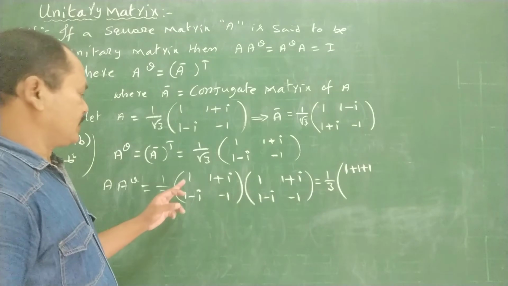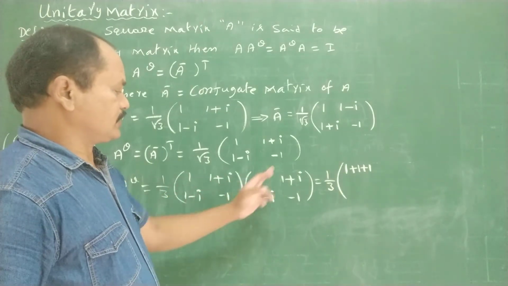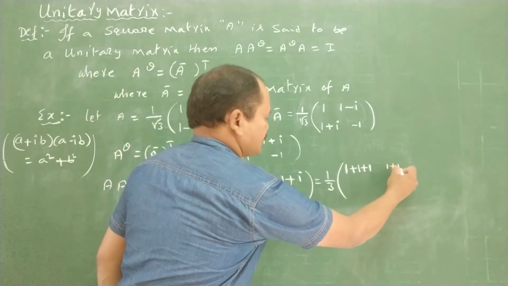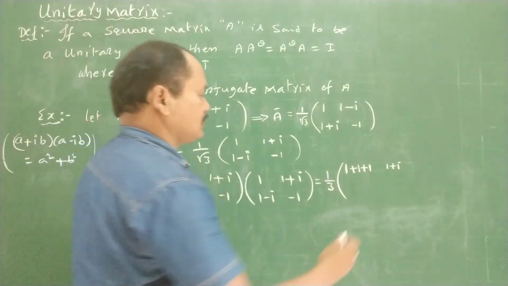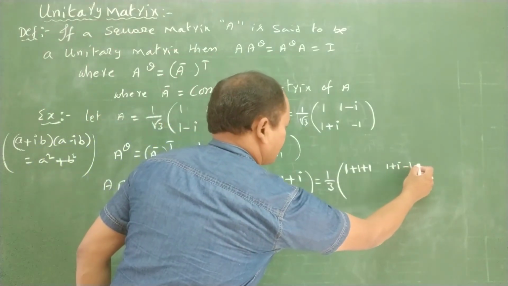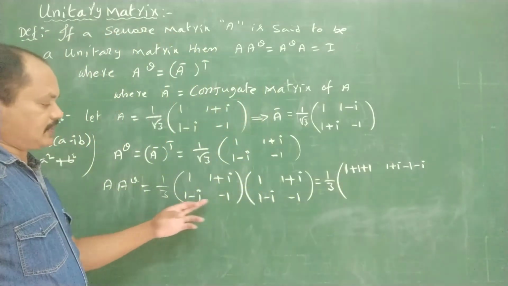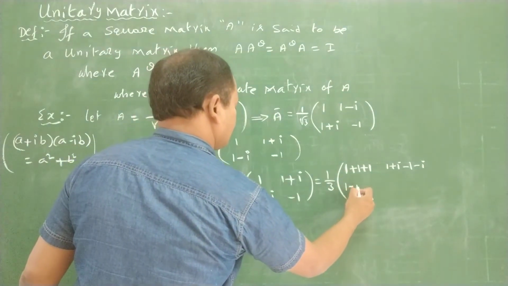Right? Again, this row into this column. Here it is 1 into 1 plus i, 1 plus i. Here it is minus 1 minus i. Again, from this row, here it is 1 minus i.